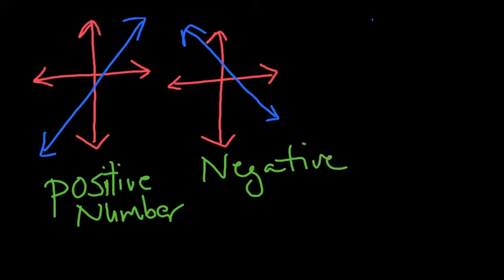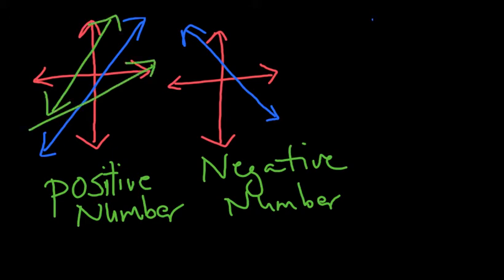I can tell just from looking at the way the line is. Every line that is slanted in this direction, no matter what the line is, has a positive slope. Every line that is slanted this way has a negative slope.